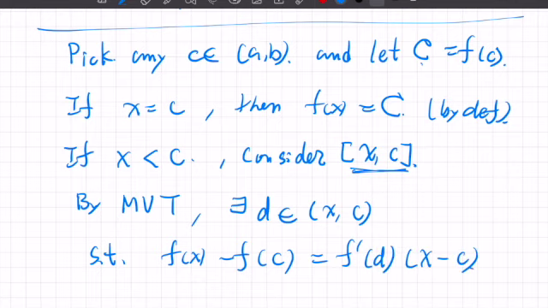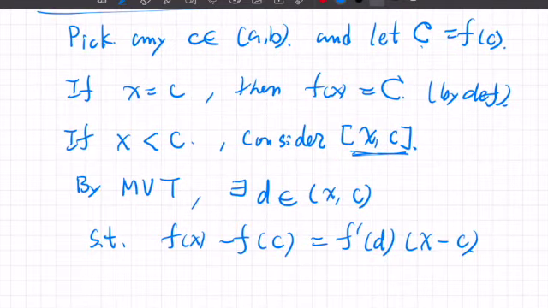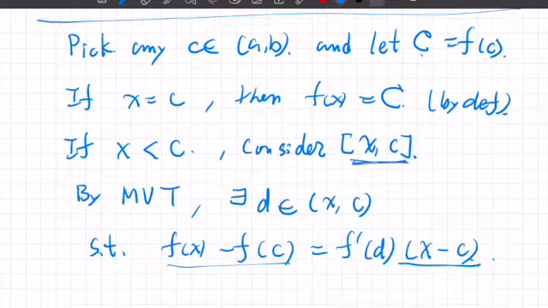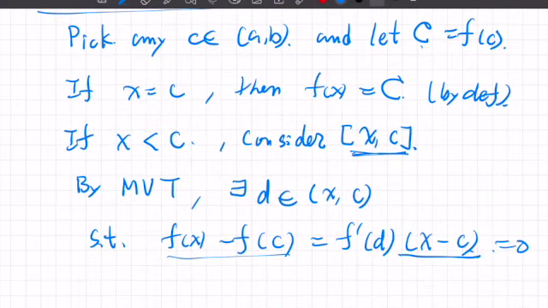In the original form of the mean value theorem, it was this divided by this, but we can just rearrange the expression. But by the assumption that this derivative is always 0, the right hand side is 0.